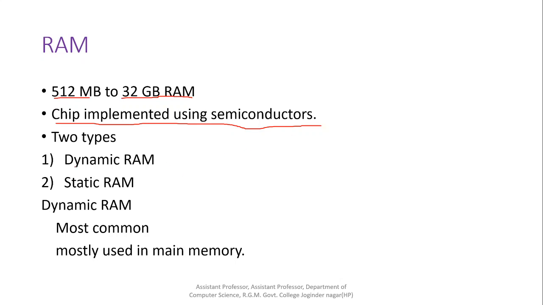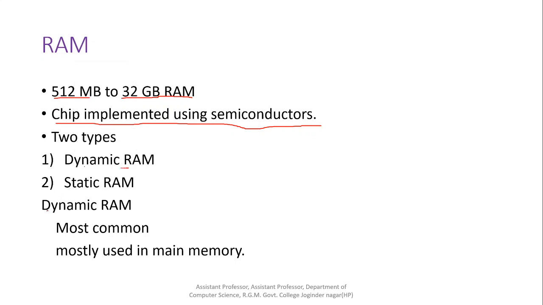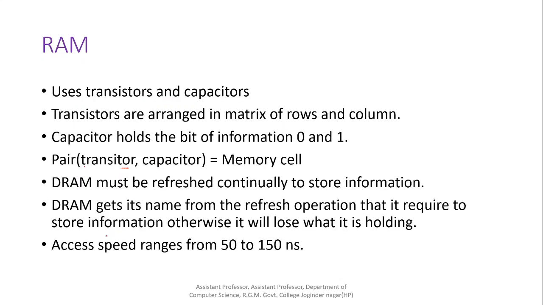We have dynamic RAM and static RAM. Dynamic RAM, shortened as DRAM, is the most common type of memory chip available, and DRAM is mostly used in main memory since it is smaller and cheaper.